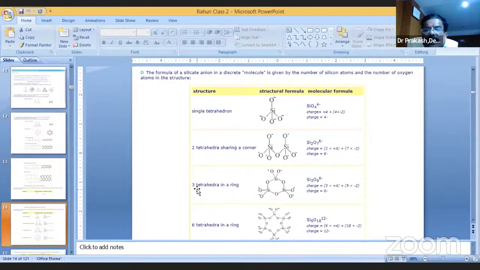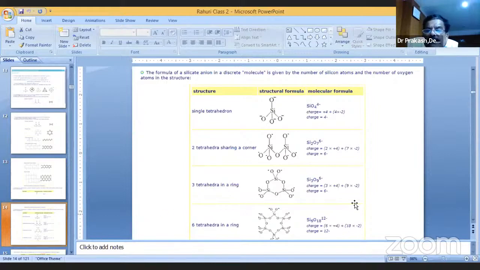In case of 3 tetrahedra in a ring, it can be 6 tetrahedra at the bottom. So the unit formula is Si3O9, 6 minus. In case of 6 tetrahedra, it becomes Si6O18, 12 minus, that is the charge.